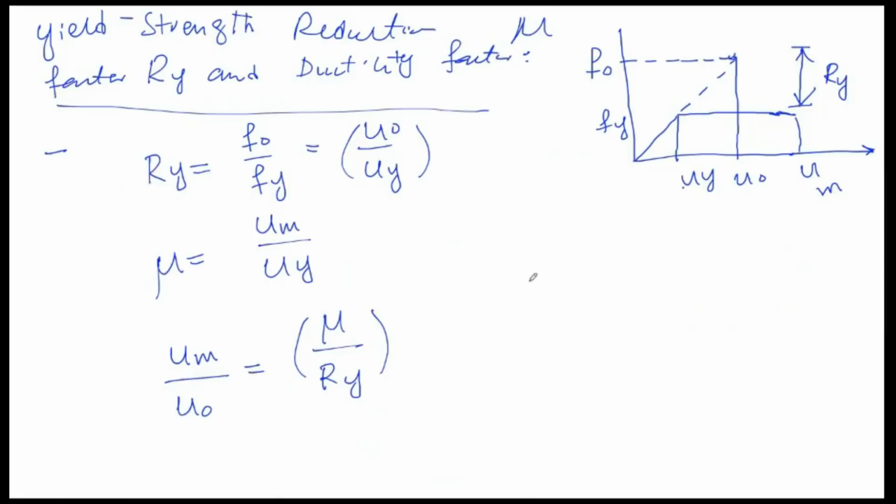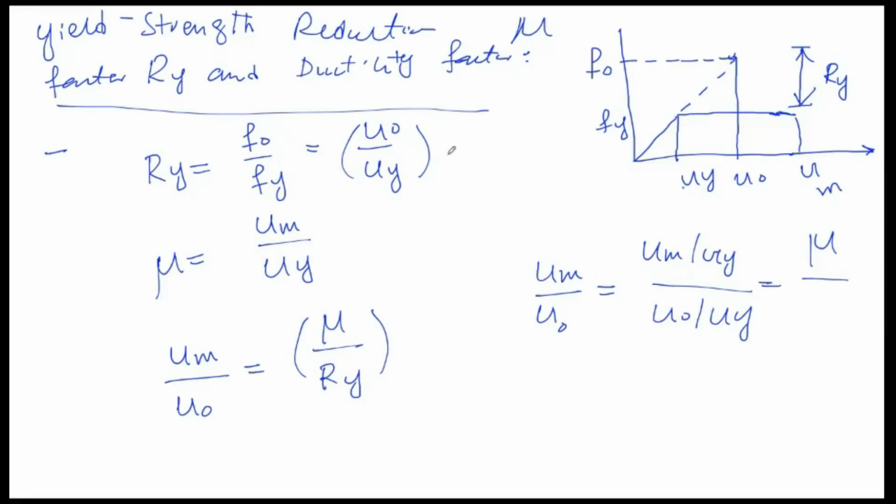If you look at this equation, where the peak deformation of the inelastic system is divided by the peak deformation of the elastic system, what you can do is divide the numerator and denominator both by uy. Then um by uy will give you ductility, and u naught by uy, as we know from this, will give you Ry. So you can show even this way that um by u naught is equal to ductility divided by the yield reduction factor.